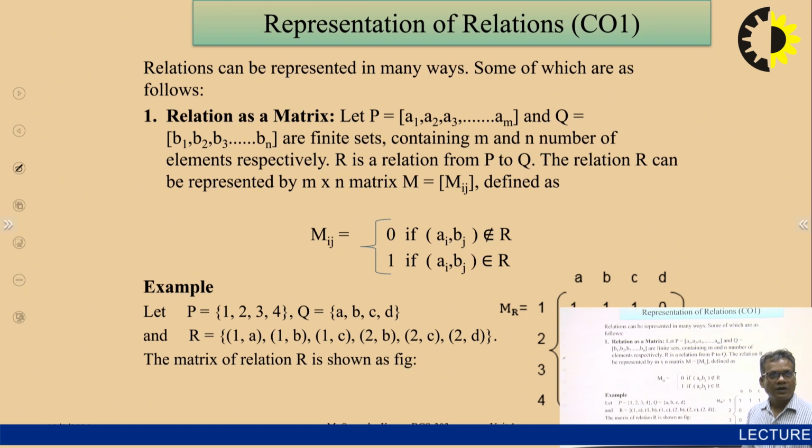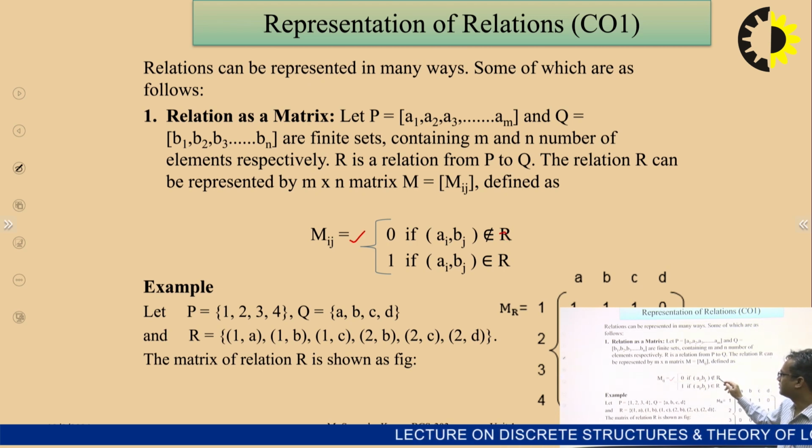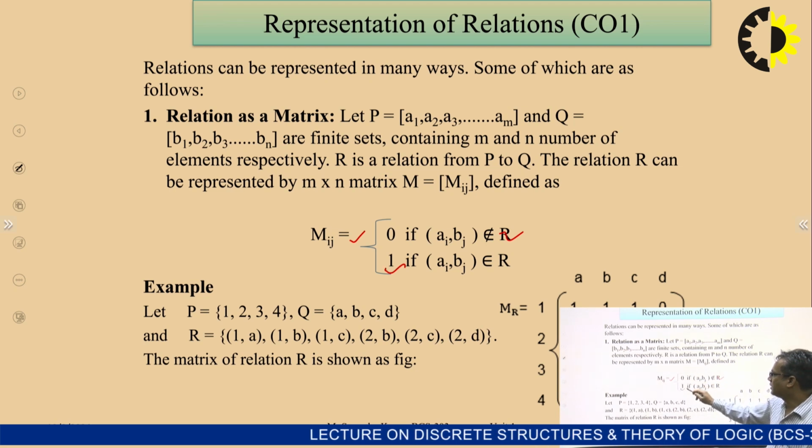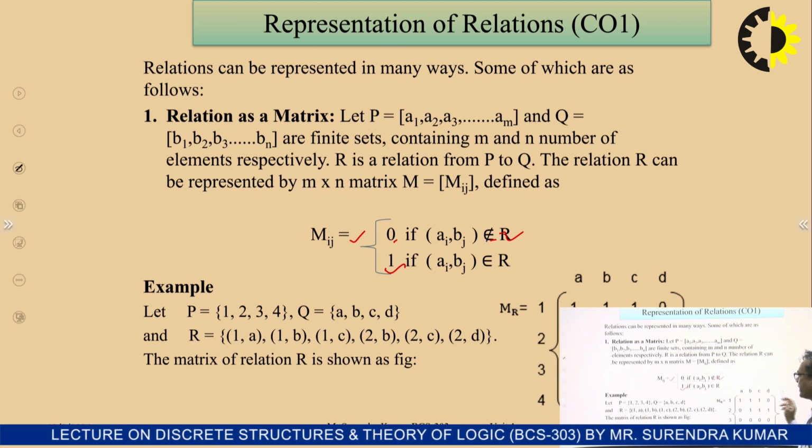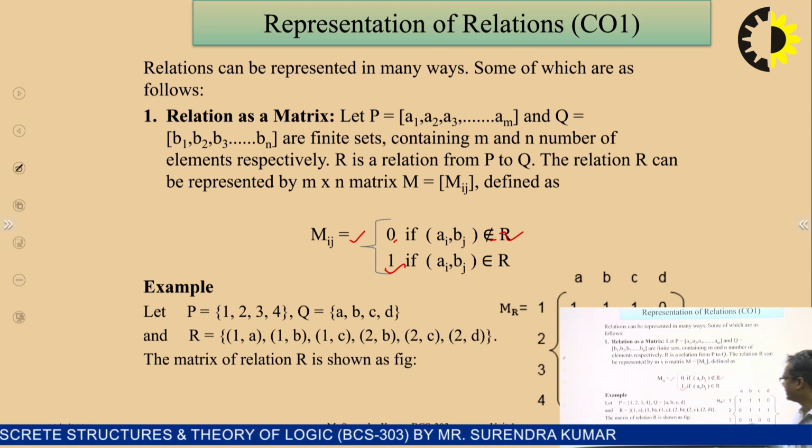So now we come to the representation of relation, how you can represent your relation in matrix format. If a relation exists, you will give 1. If it doesn't exist, you will give 0. Here the relation is written in the form of a matrix with rows 1, 2, 3 and columns A, B, C, D. 1 A is present, so it is okay. 1 B is okay, 1 C is okay, 1 D is not there, so you have given 0.